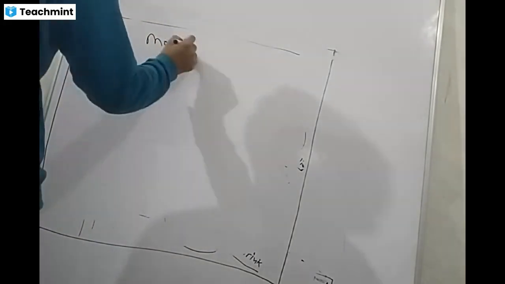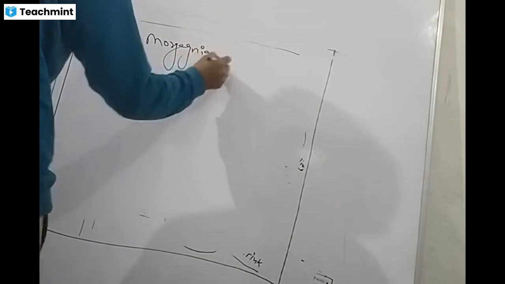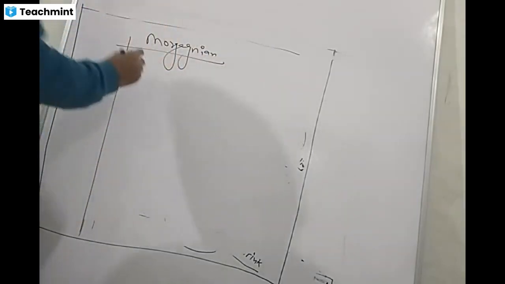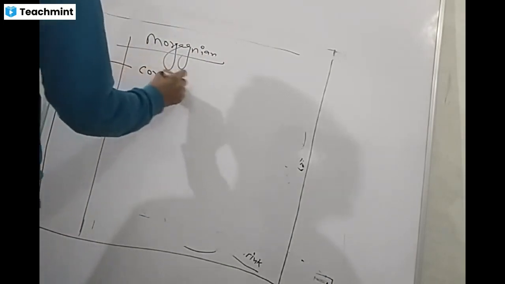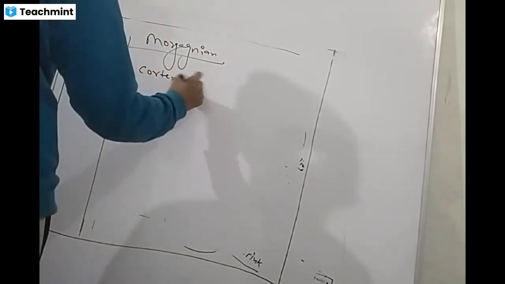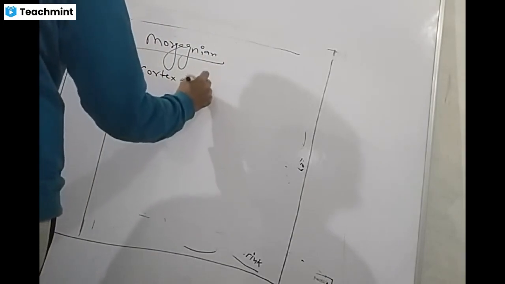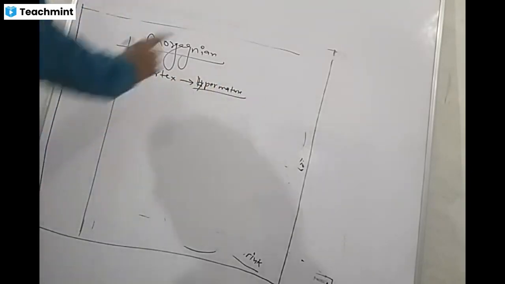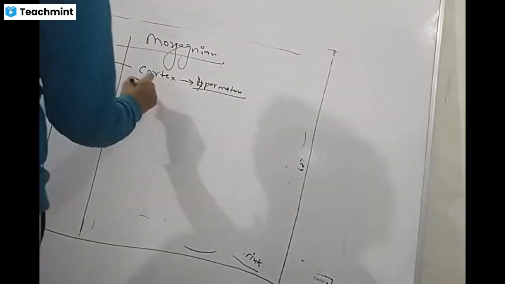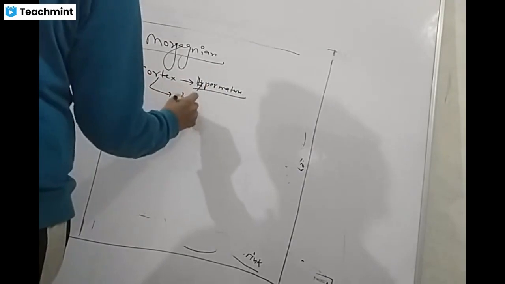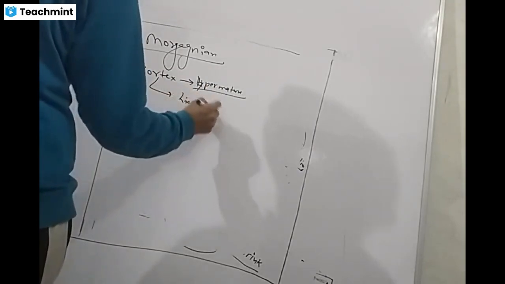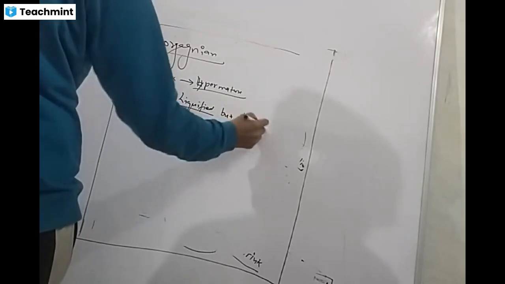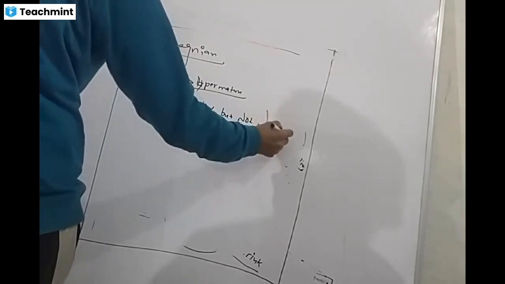So first is Morgagnian cataract. Morgagnian cataract means hypermaturity of the cortex. The cortex becomes hypermature, the cortex becomes liquefied, but not the nucleus. The nucleus is intact.